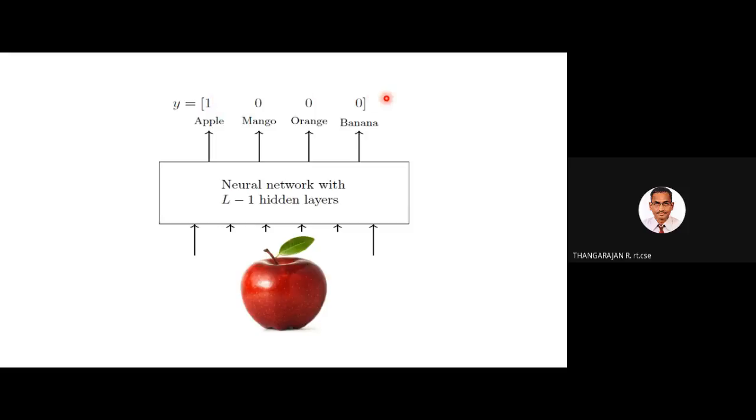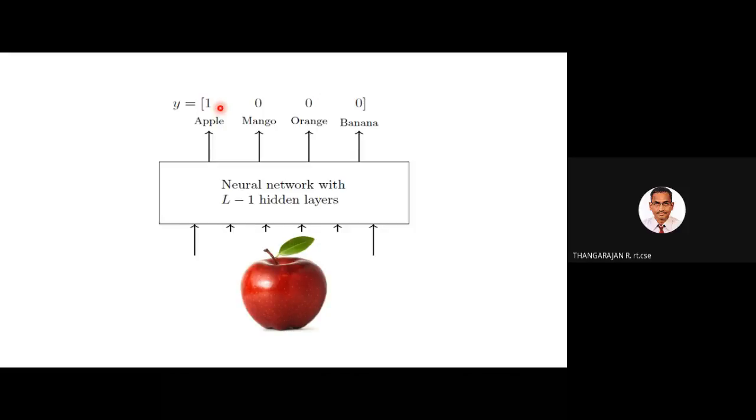All other elements are 0. Only one element can be 1. We call this a one hot vector, and this kind of categorical output is a softmax output. The function is softmax.